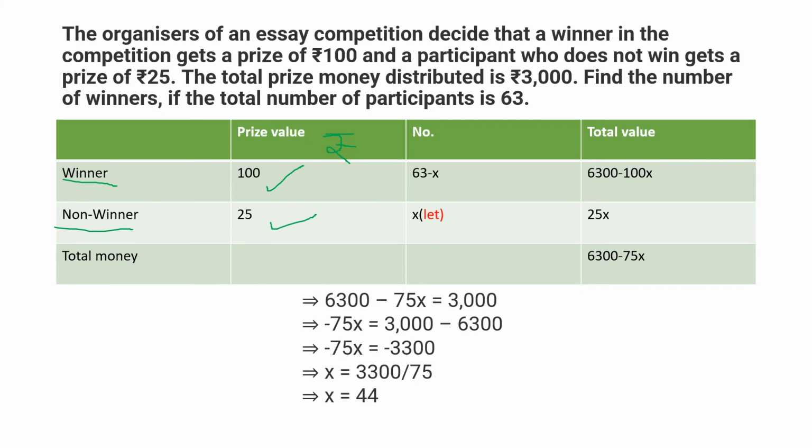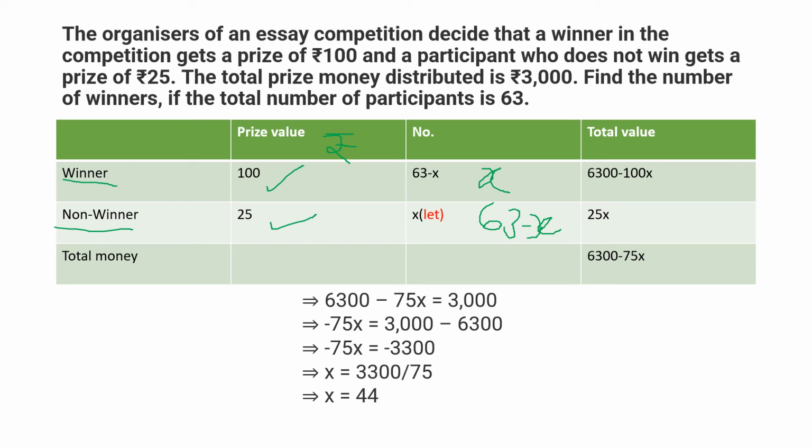Now here suppose non-winners are x in number. I have taken the reverse way just to make the calculations easy. This is your choice. If you take x here as the winners, then non-winners will be 63 minus x. Whatever you want to take, both will give the same result, but by this the calculations will become easy.